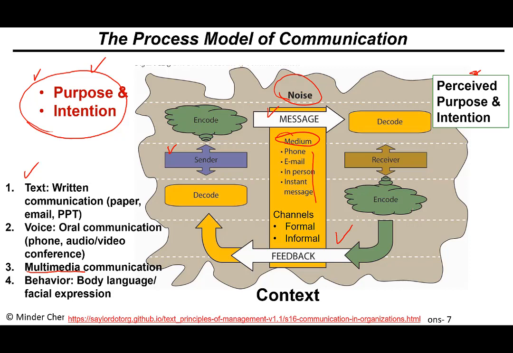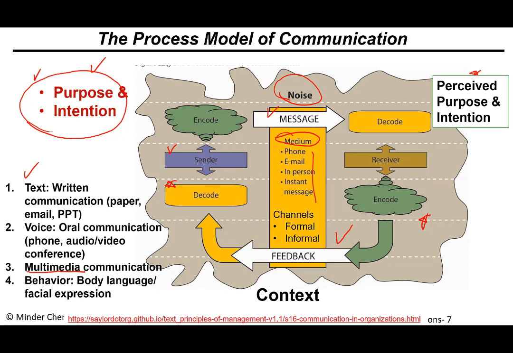So the receiver now is actually the sender. They need to encode their feedback message and send it back to you. You need to decode that and then understand their feedback. Okay. And so this communication, technically speaking, is not just one way, it's always two-way.